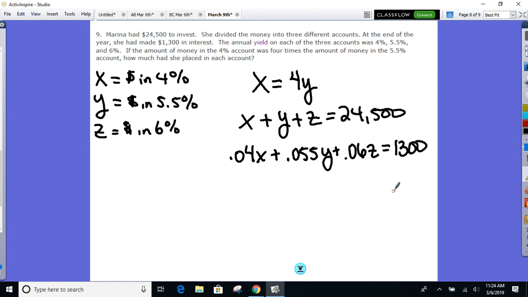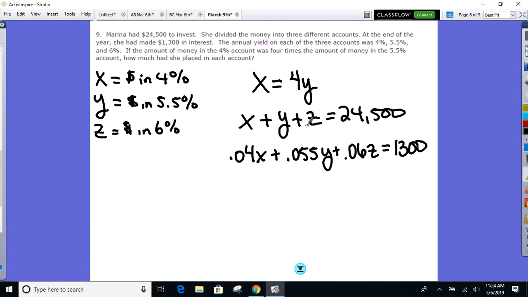All right, what's your move? I'll solve this with you, unless you want to try it on your own. Go ahead, try it on your own. If any of you are moving the 4y over by subtracting and setting it equal to 0, that's fine.